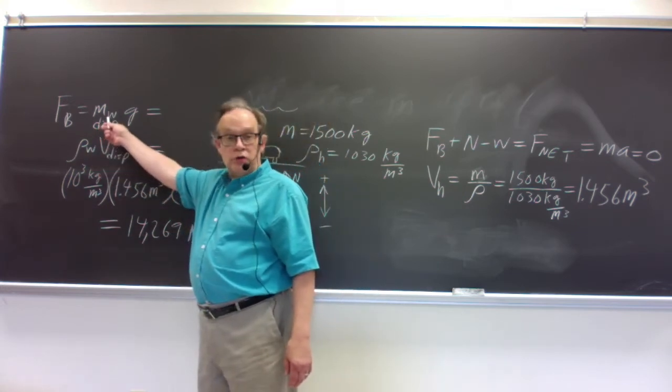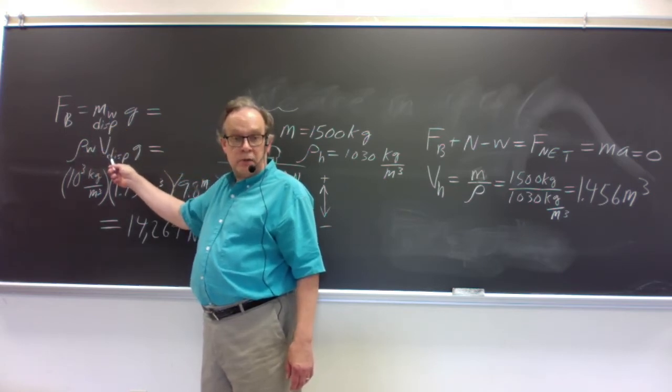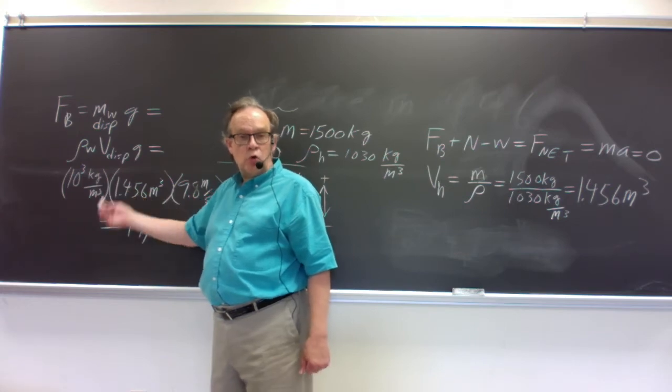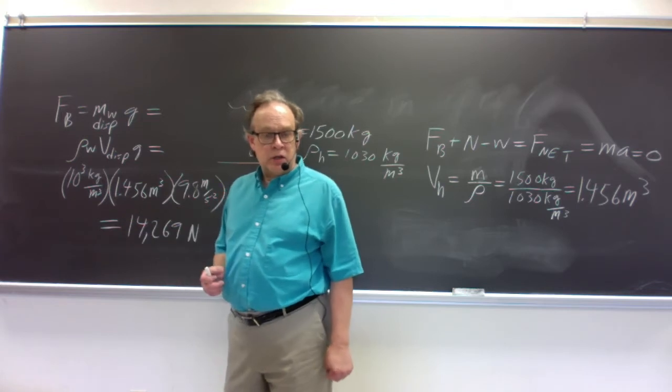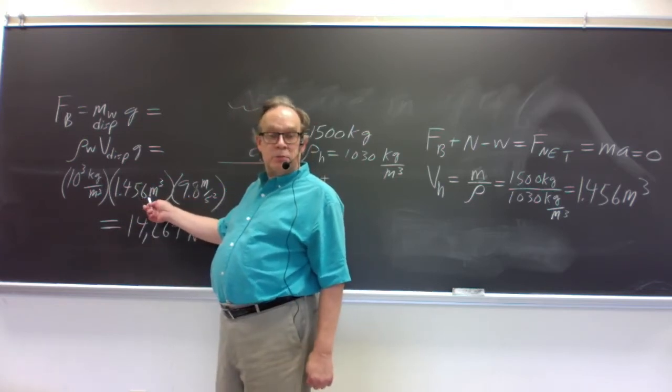So mass of the water displaced is just the density of water times the volume that was displaced by the hippo. And the density of regular fresh water is about 1,000 kilograms per cubic meter, 10 to the third kilograms per cubic meter, times the volume that gets displaced.